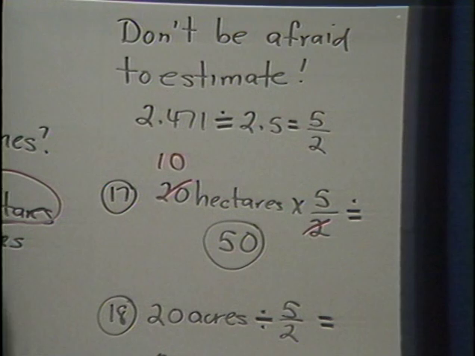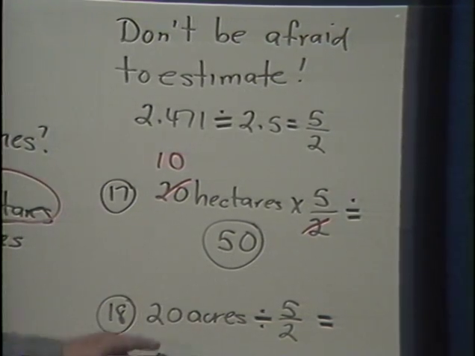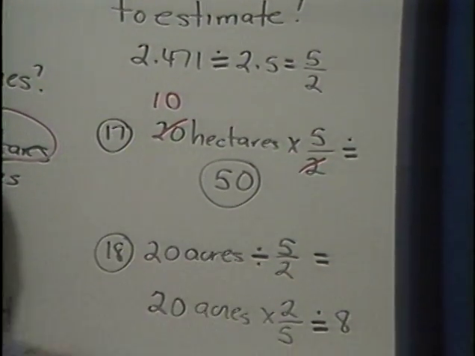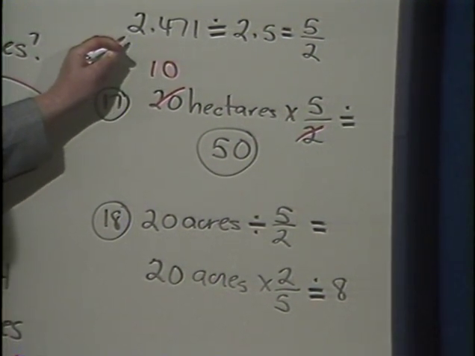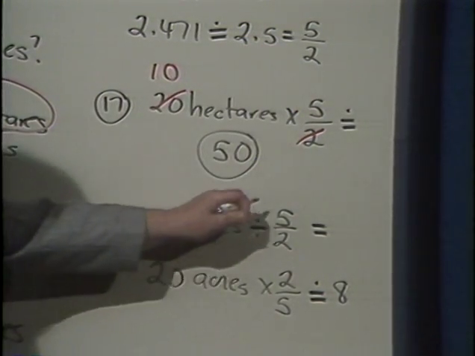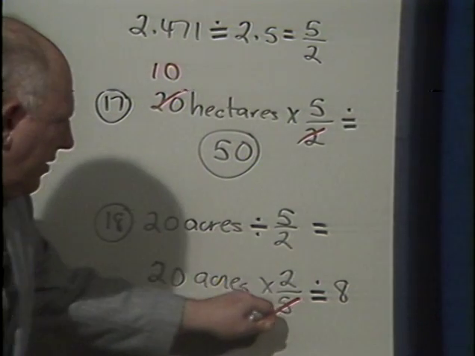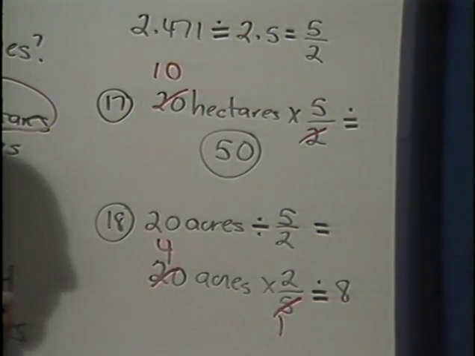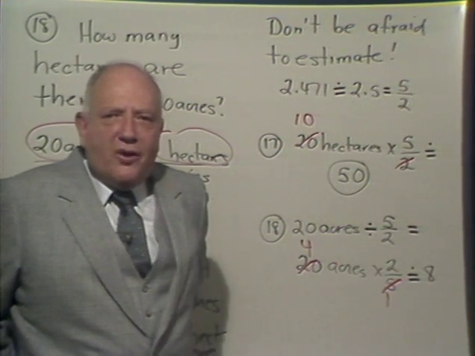That would give you 50 right away, and that comes very close to matching the 49.42 or whatever it was that we got the other way. Similarly, when you took the 20 acres and wanted to divide that by 2.471, replace 2.471 by 5 halves. Dividing by 5 halves is the same as multiplying by 2/5. And 4 times 2 is 8, which checks very closely with our 8.09.